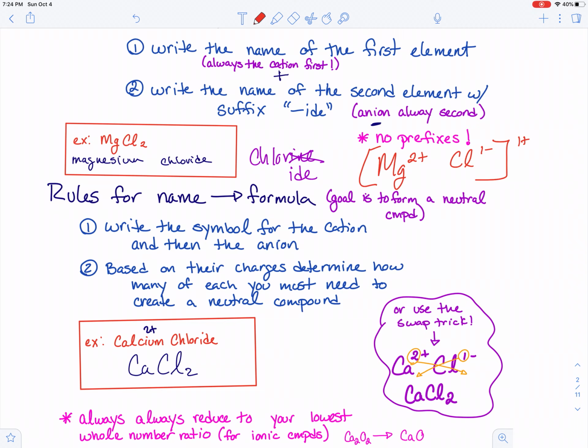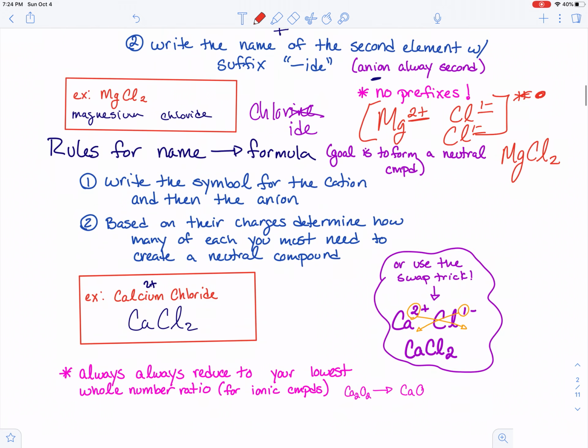So this whole thing is still attracting stuff. So it's actually going to attract a second chlorine. And once you attract a second chlorine, then these charges cancel out, and you get a net charge of nothing. Once you have a net charge of 0, then it's not going to attract any more ions. So MgCl2 is then the ionic compound, and it won't attract any other ions to it because it's at a net neutral charge. So keeping that in mind for our next part, we're going to go from name to formula.